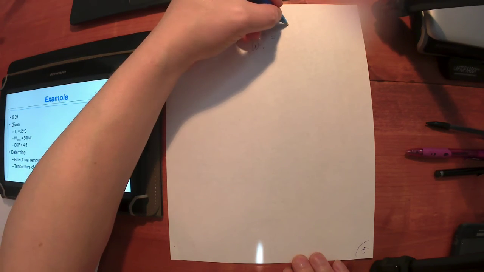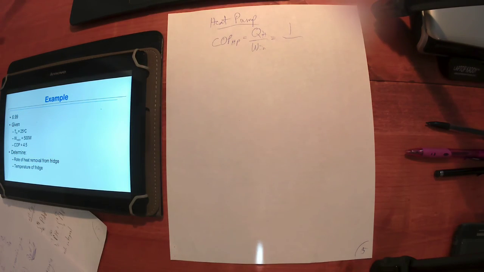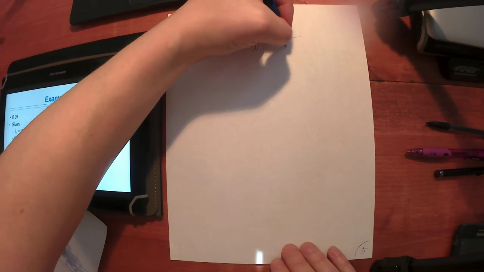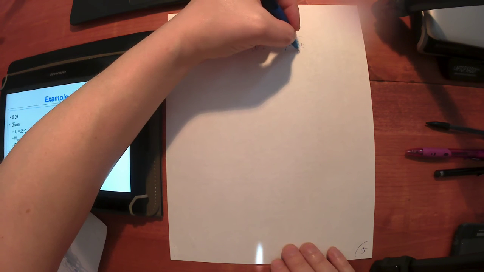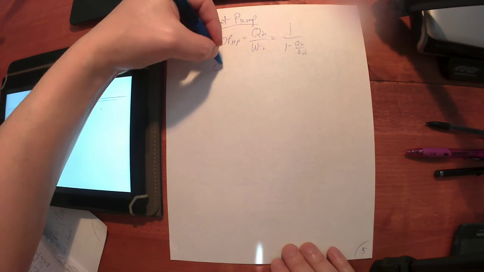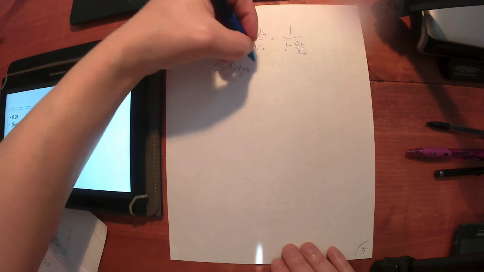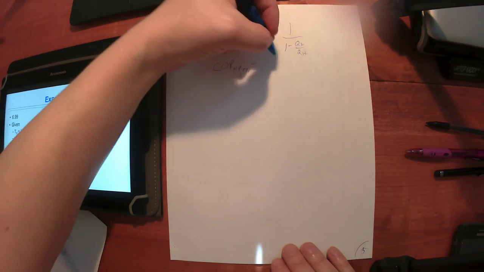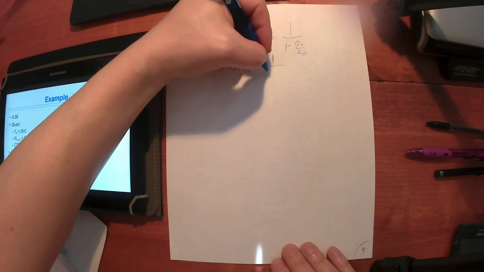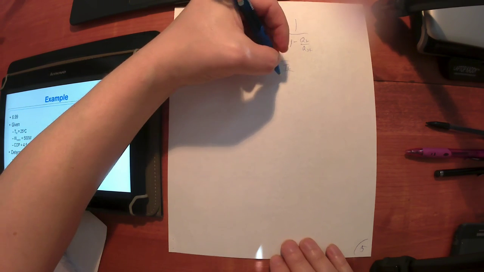We said we can massage this down to 1 over 1 minus QL over QH. We're saying that the maximum coefficient of performance for a heat pump is where the heat pump is operating a reversible cycle, and that would be 1 over 1 minus TL over TH.